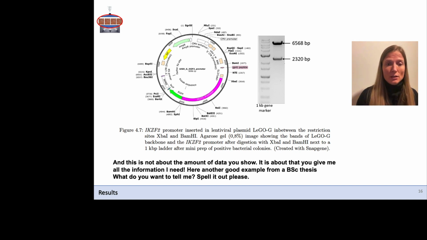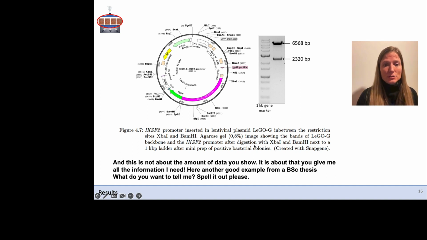This is about a cloning experiment, and this person has depicted here details of the vector used, and has stated specifically that this promoter is inserted in this particular plasmid between these sites.